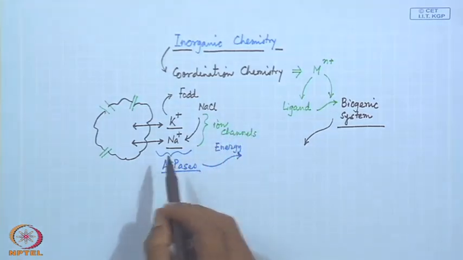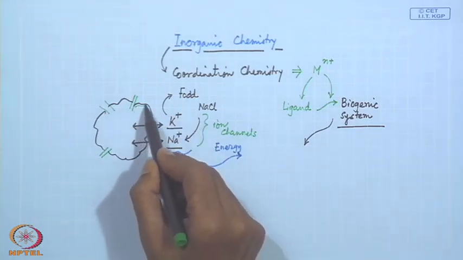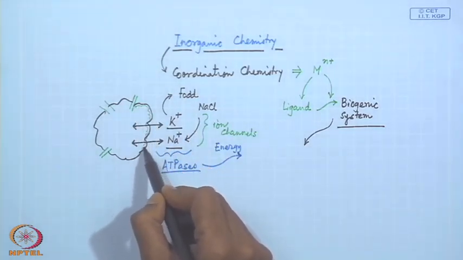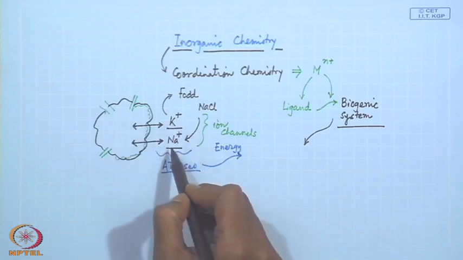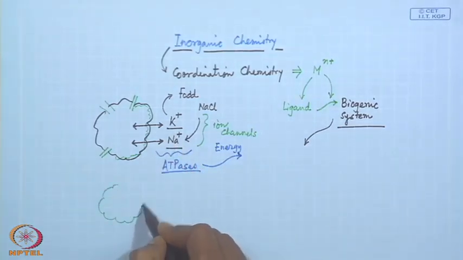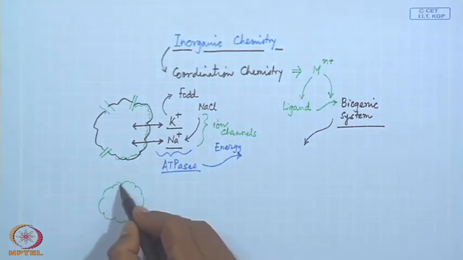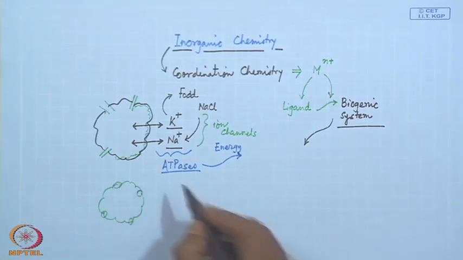So, whenever we look at these reactivities, because these are biological membranes, how are these biological membranes being crossed by potassium and sodium, and how are they bound? Some important molecules here are the crown ether type of molecules, where you have several oxygen donors.